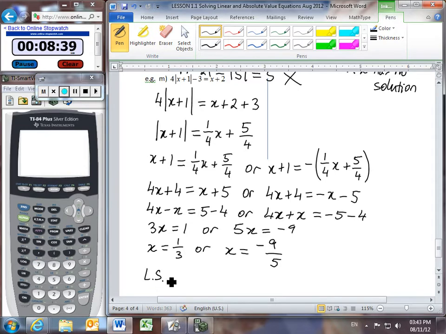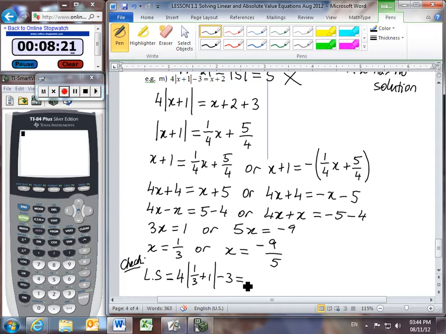And so my left-hand side, if I first substitute in, so this is my check here, and just label that. So my left-hand side becomes 4 times the absolute value of 1/3 plus 1. I'm going to check that solution first.